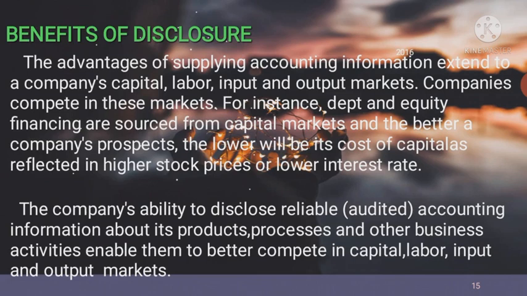For instance, debt and equity financing are sourced from capital markets, and the better a company's prospects, the lower will be its cost of capital, as reflected in higher stock prices or lower interest rates. A company's ability to disclose reliable, audited accounting information about its products, processes, and other business activities enables it to better compete in capital, labor, input, and output markets.